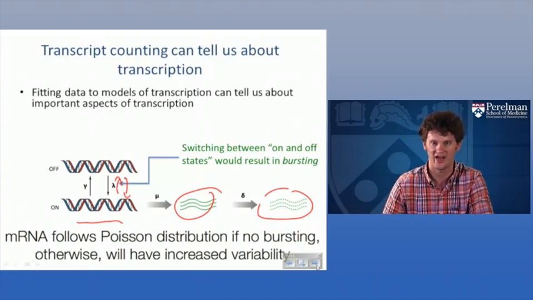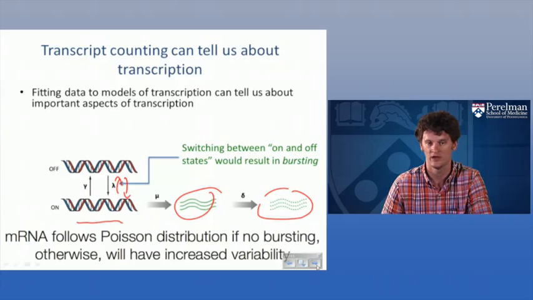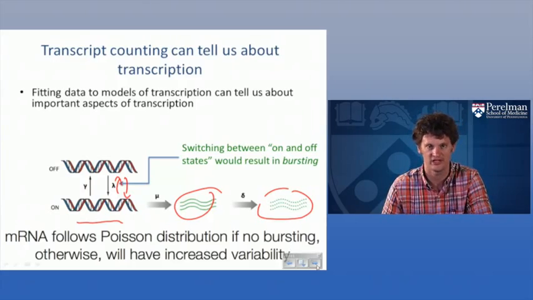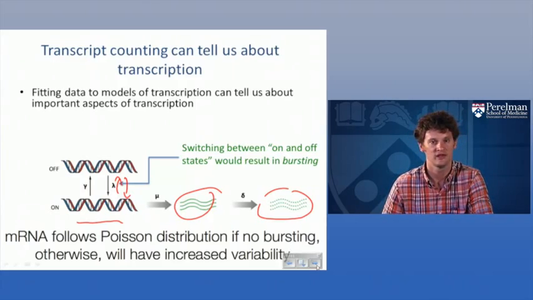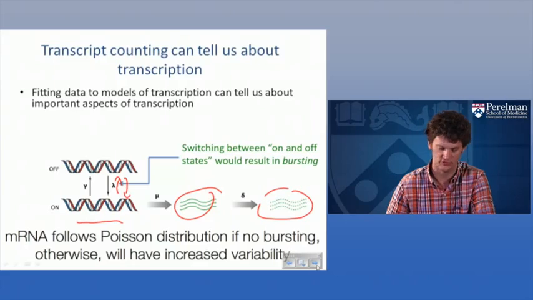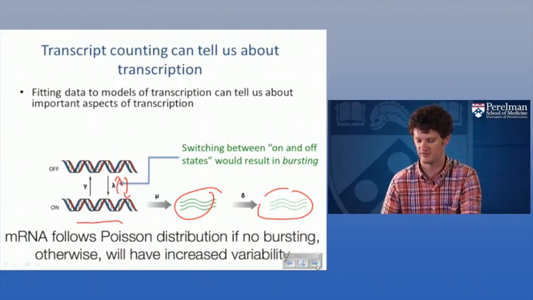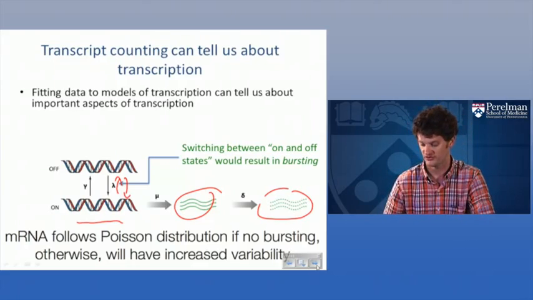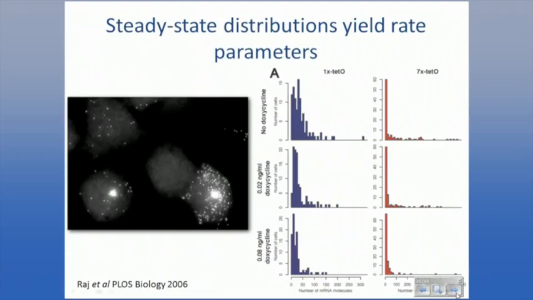And it turns out that if you have bursting, you actually get an extended variability in terms of the transcript count. If you have no bursting, you have a Poisson distribution, which you can figure out from the mean transcript levels. But if you have bursting, you end up with a much higher variability, with some cells having huge amounts of RNA and some having very little. And that's exactly what you see.